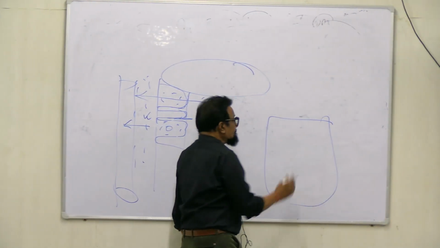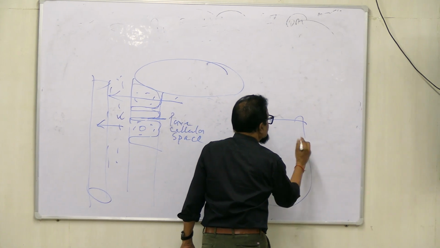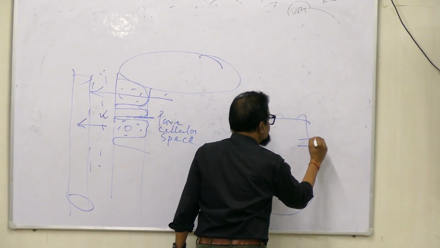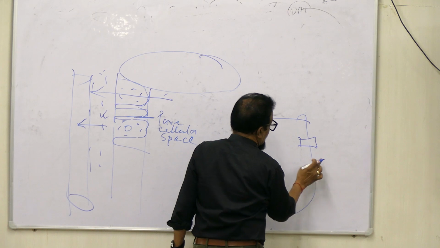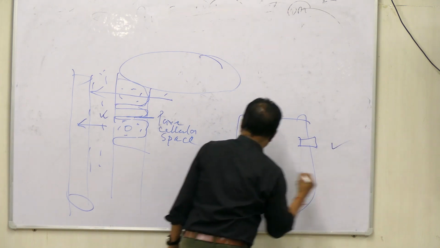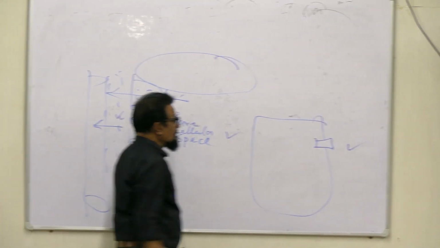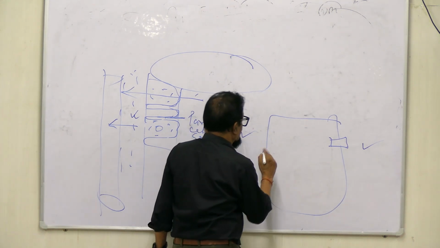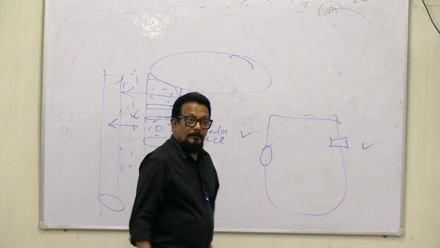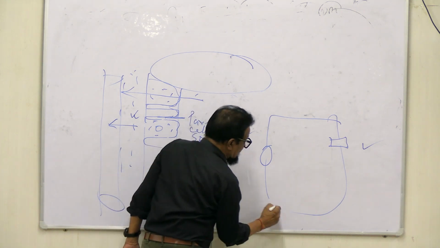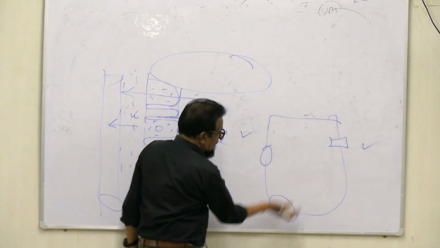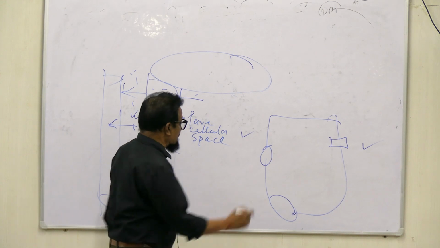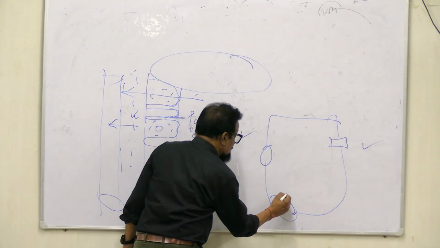This is the cell. Here is the transporter SGLT2, and this is the lumen and this is the interstitial space, and here is the sodium potassium pump, particularly in the basolateral region. This is the basolateral region. In this region, what is there? The sodium potassium pump.